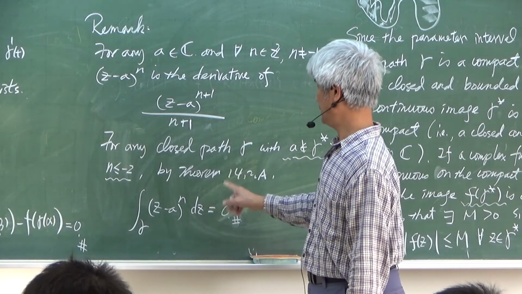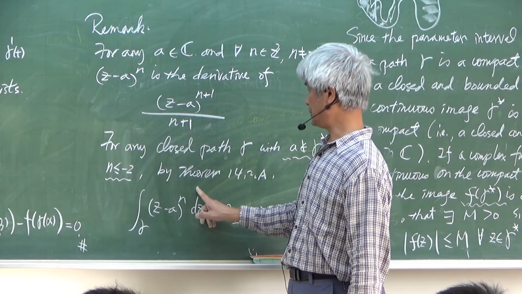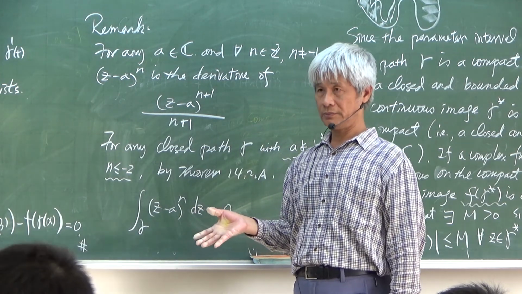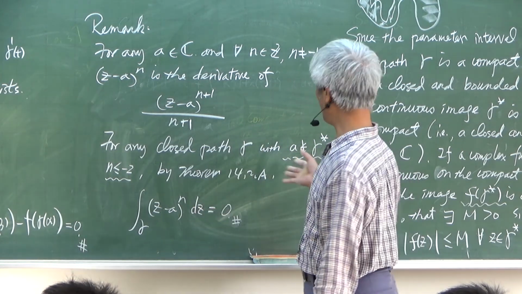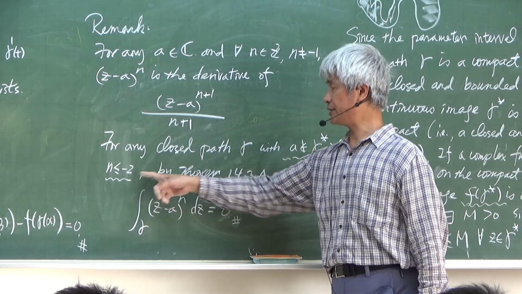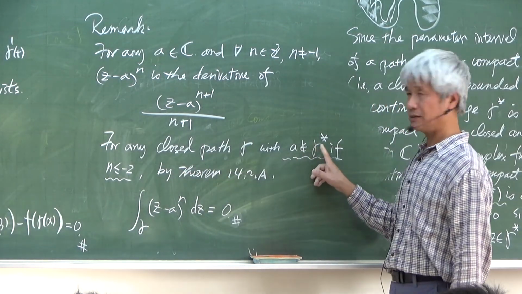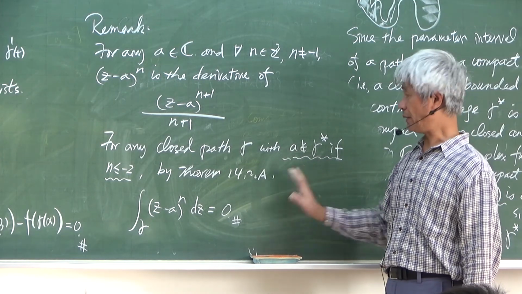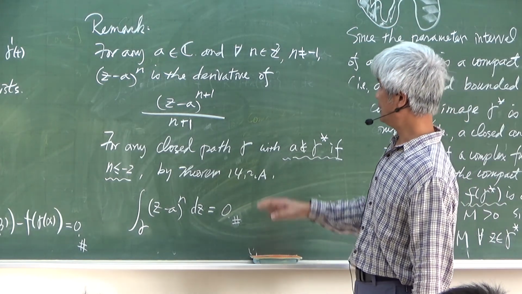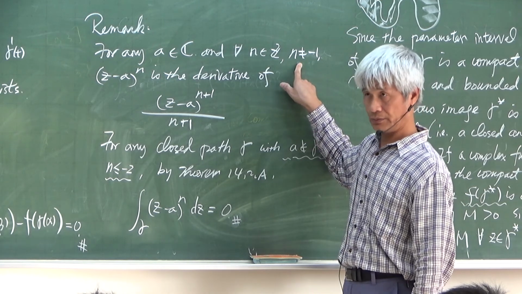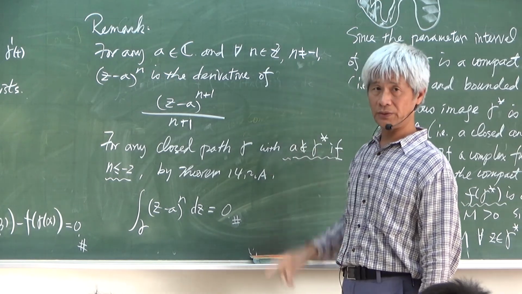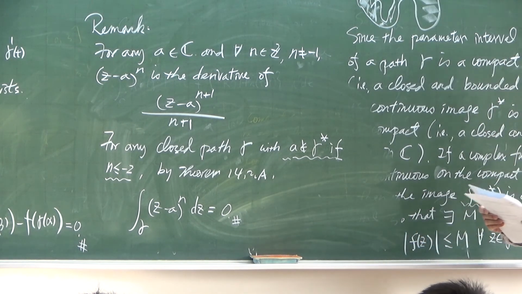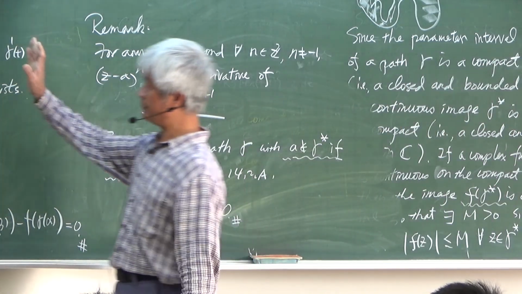But here, we can extend the result to gamma, which is an arbitrary closed path. And it only requires that if n is less than or equal to -2, then a cannot be in the image. That's the only restriction. And of course, n cannot be equal to -1.